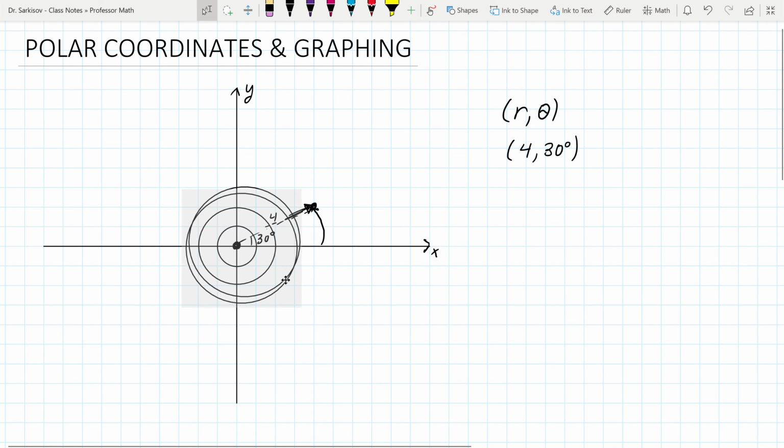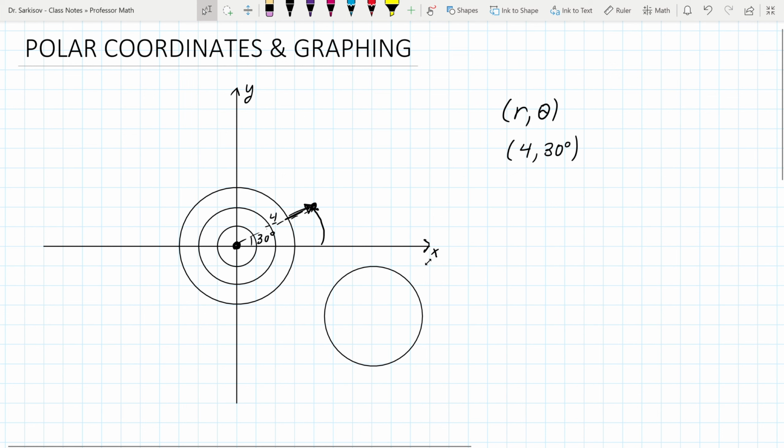Let's see, radius 3 circle. I'm just trying to construct a little polar graph for myself. There's the radius 3 circle, that's 1, 2, 3 units. Let's do one more, a 4 unit circle like this.